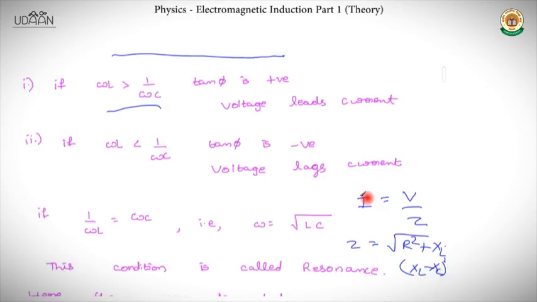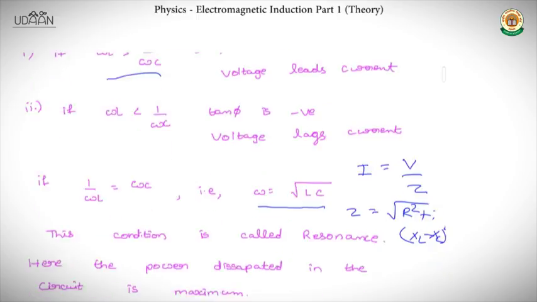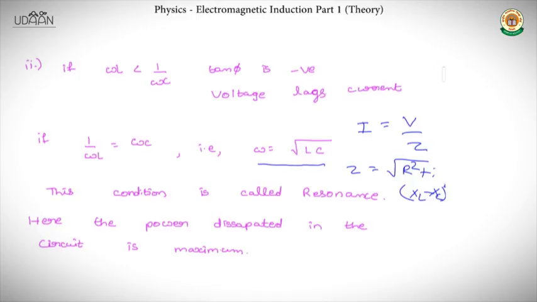So the maximum current passes through the circuit when XL is equal to XC, and when this condition takes place, it is called resonance. If XL is equal to XC, then omega will be 1 by under root of LC. So this omega is called the angular resonance frequency.